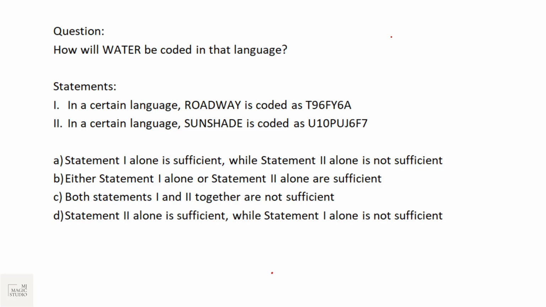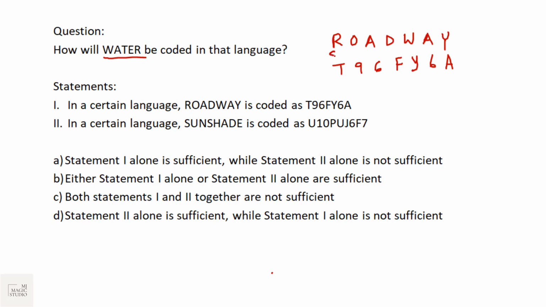Okay, so I hope you have the answer by now. Question is, what will water be coded in that language? We need to find the code for water, and we have got 2 statements. Statement 1 says, ROADWAY is coded as T96FY6A.